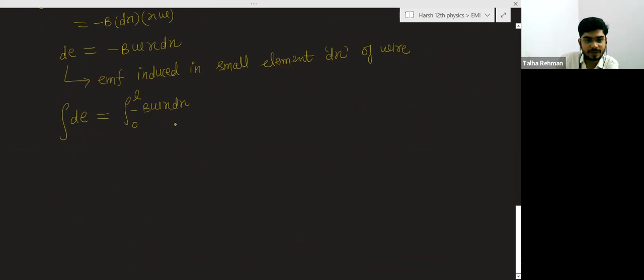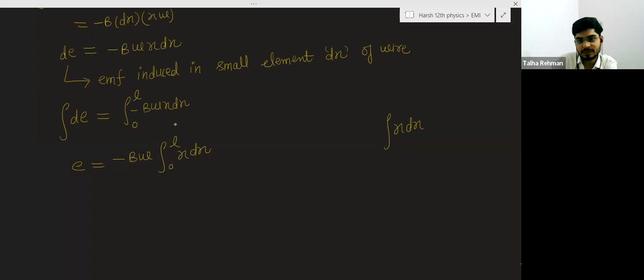So dE becomes E. The constant term B omega is taken out of the integration. Now we integrate x dx from 0 to L. You increase the power of x by one, write the new power in the denominator, and then apply the limits.